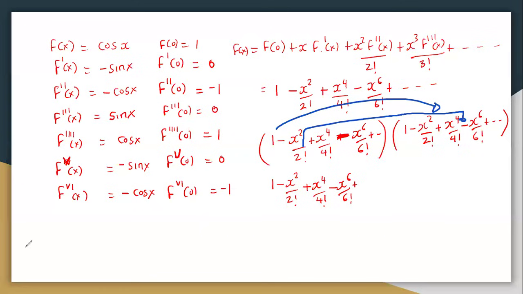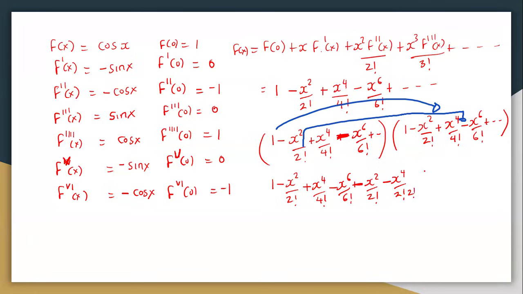So when I multiply by the x squared, now I'll have x squared times 1, which will give us x squared. Then I have minus x squared out of 2 factorial. This x squared multiplies this x squared, which gives us minus x power 4 out of 2 factorial.